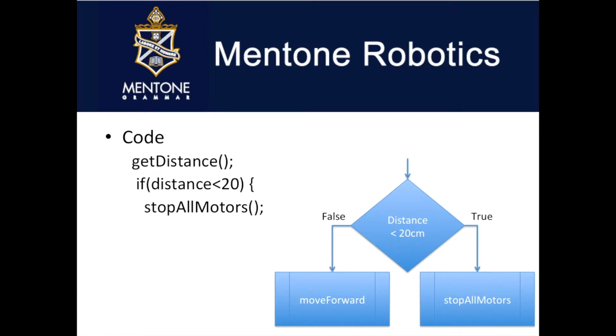So if it's true, we're going to stop all the motors. Then we put in our ability to deal with a false situation, which is otherwise known as the else. And we're going to move forward if it's not less than 20 centimeters. So if it's further than 20 centimeters away, we're going to move forward, and then we close that off. Let's look at what that looks like if we copy and paste that into our code.